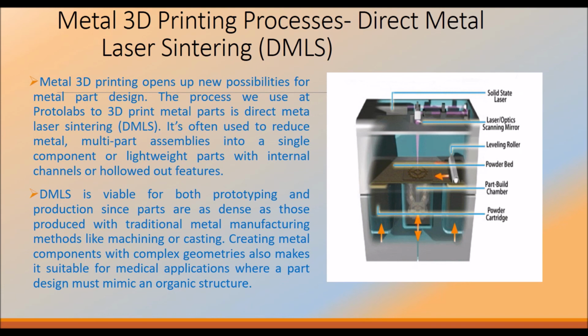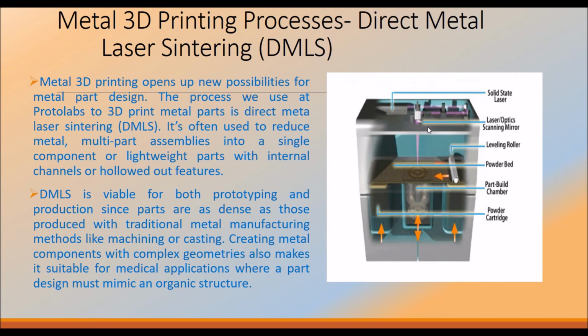DMLS is viable for both prototyping and production since parts are as dense as those produced with traditional metal manufacturing methods like machining or casting. Creating metal components with complex geometries also makes it suitable for medical applications where a part design must mimic an organic structure.